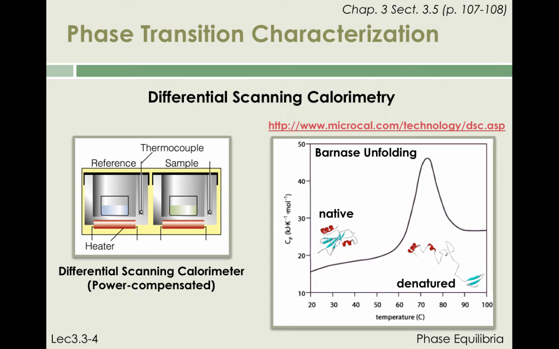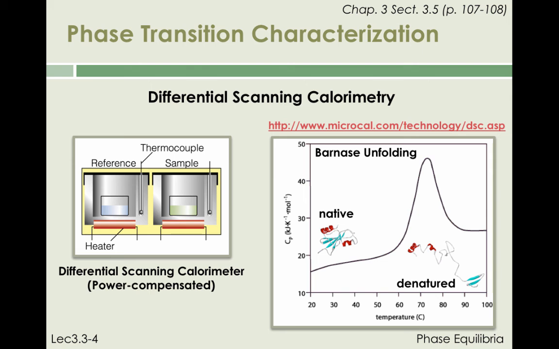Looking at the DSC scan of the Barnase protein, in the temperature range between 60 and 90 degrees C, we observe a large peak. What is this peak due to? First, we note that because the peak is pointing upward, it corresponds to an absorption of thermal energy.